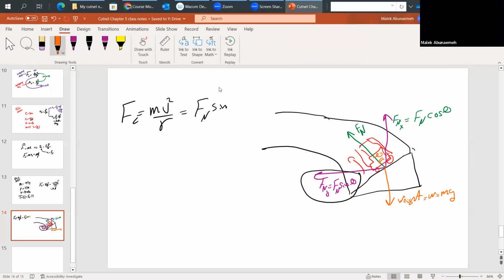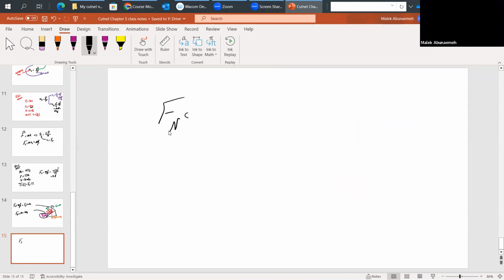Fn sine theta is going to equal mv squared over r, and from this one, your Fn cosine theta is going to have to equal your mass times your gravity.